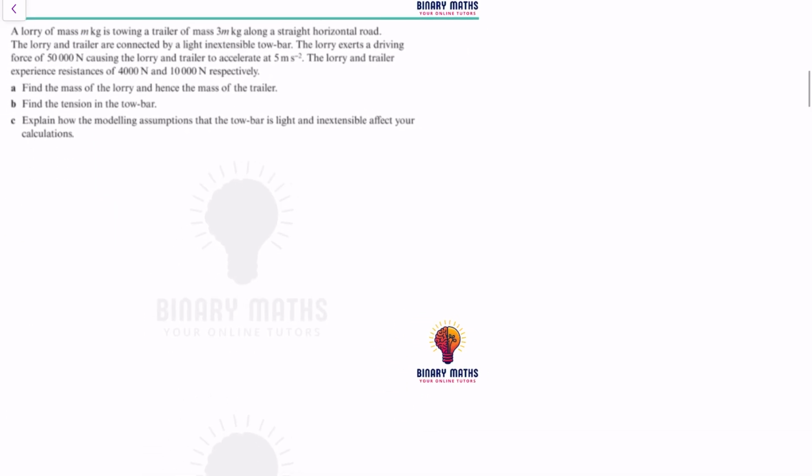A lorry of mass m kg is towing a trailer of mass 3m kg. So we have a lorry and a trailer along a straight horizontal road. The lorry and the trailer are connected by a light inextensible tow bar, so it feels tension.